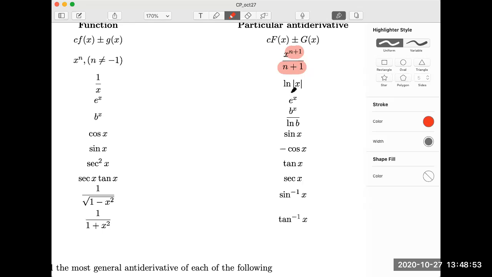Remember, the derivative of natural log of x gives us 1 over x, right? Therefore, the antiderivative of this will be natural log of absolute value of x. Be careful with this. It is an absolute value. The next one, e to the x derivative will give us e to the x. So therefore, the antiderivative of this will be the same value, right?